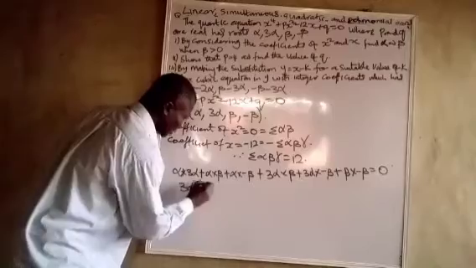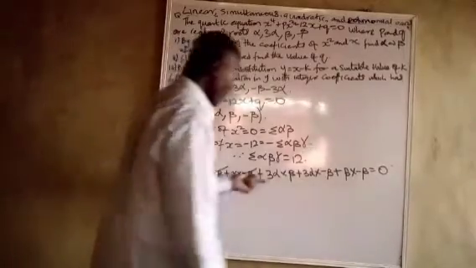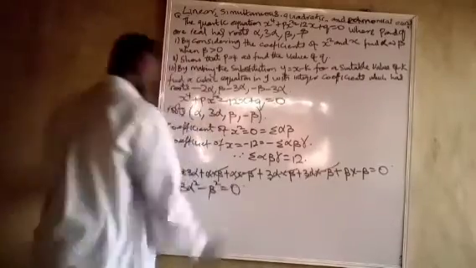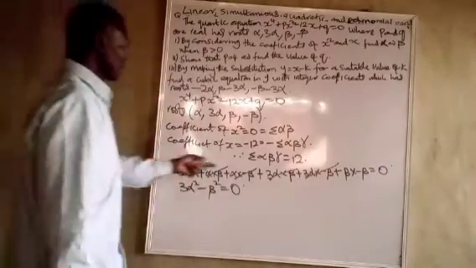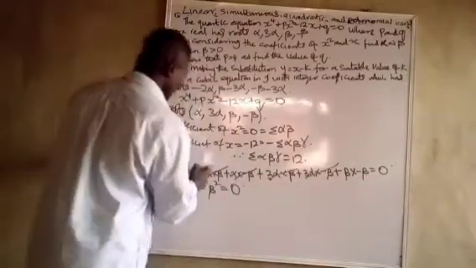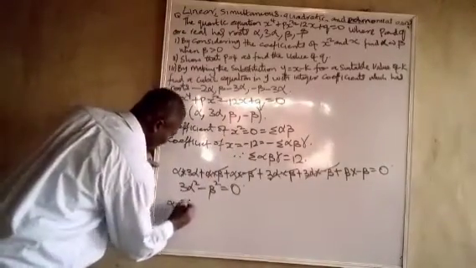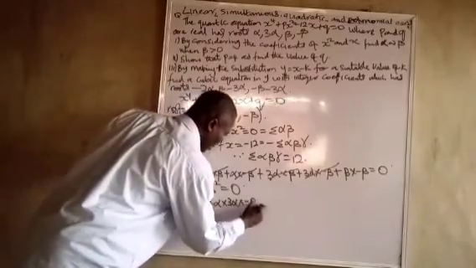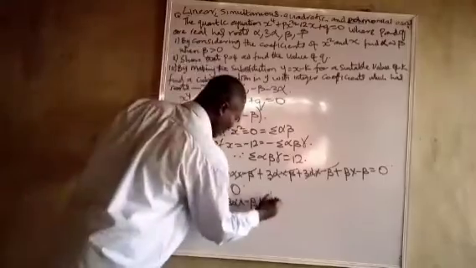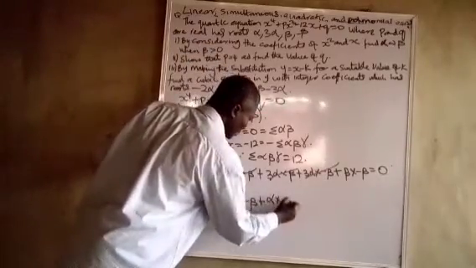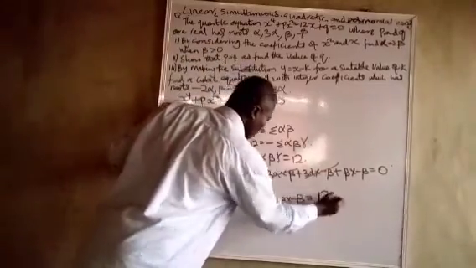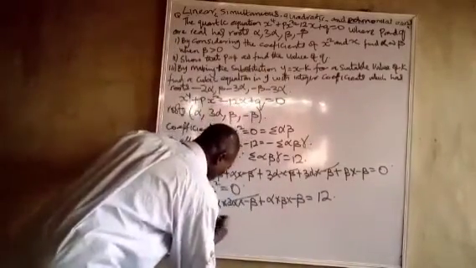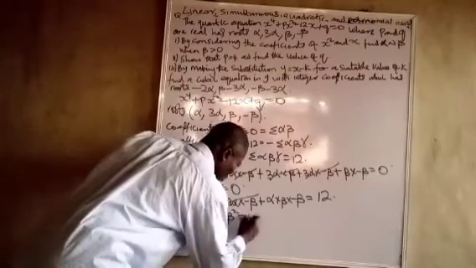I have 3 alpha squared; the alpha beta terms cancel. So I have 3 alpha squared minus beta squared is equal to 0. Now let me do the roots in threes: alpha times 3 alpha times beta plus alpha times 3 alpha times minus beta plus alpha times beta times minus beta plus 3 alpha times beta times minus beta is equal to 12.